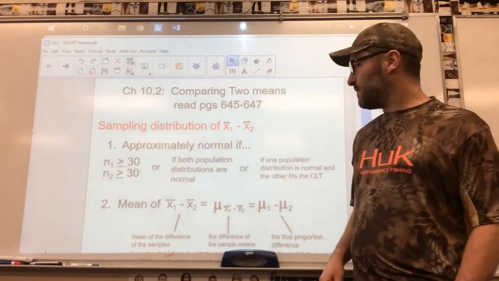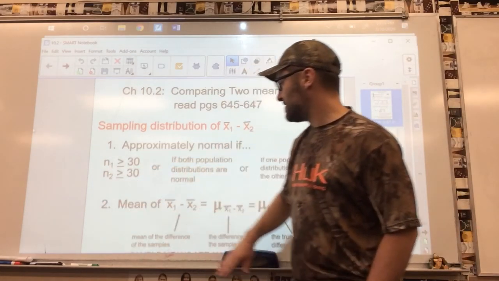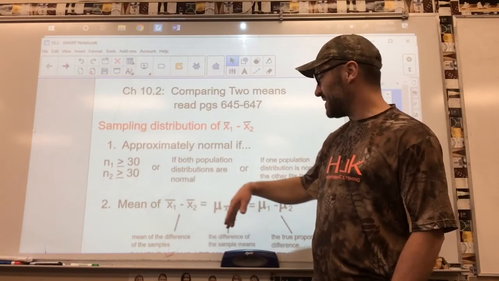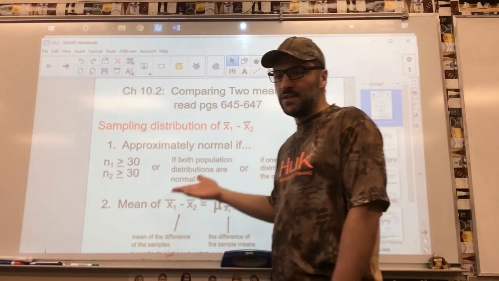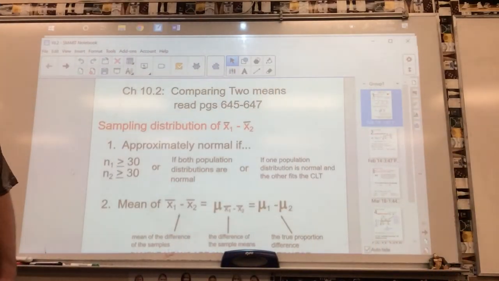That's stuff we've seen before. The only difference was there wasn't an n2. Sometimes we had to graph these because we wanted to see if the population distribution is normal. So that fits with what we've looked at before.